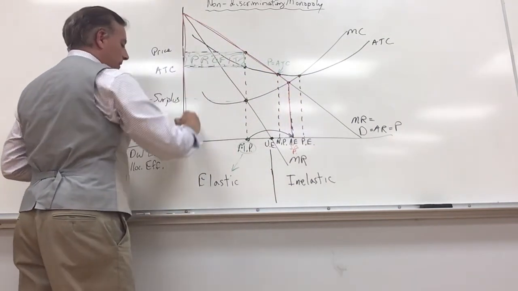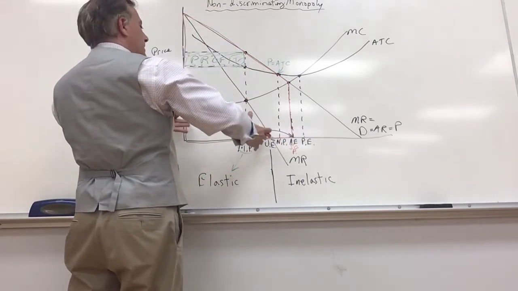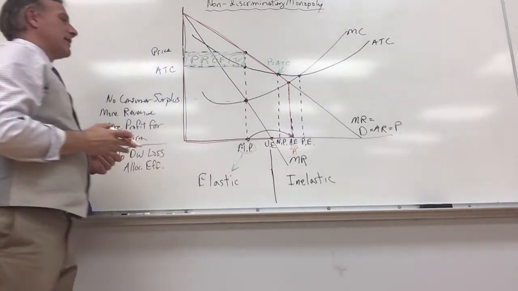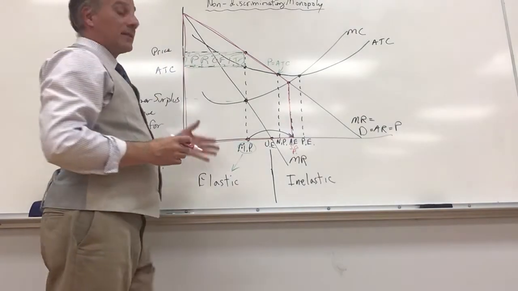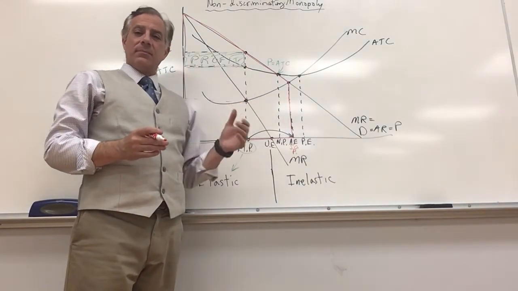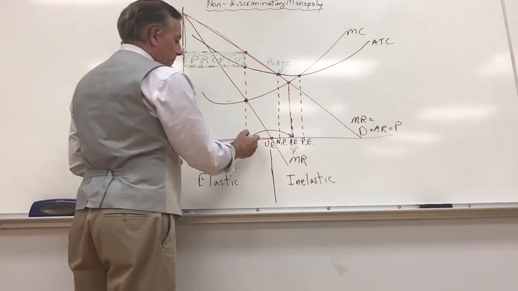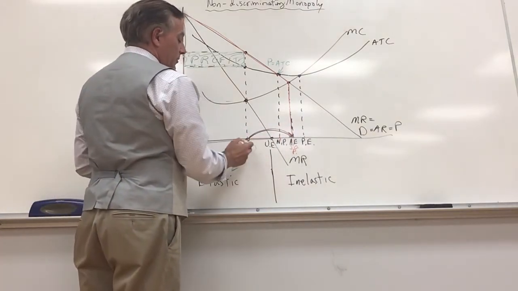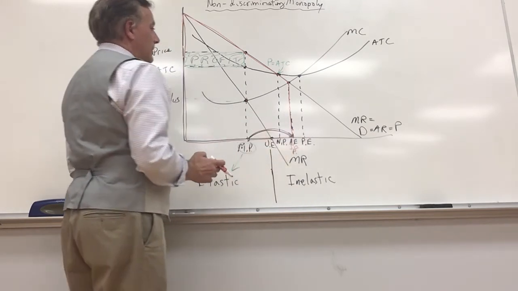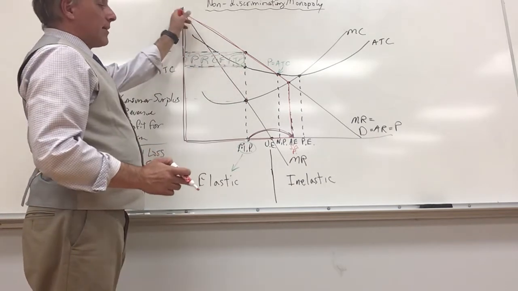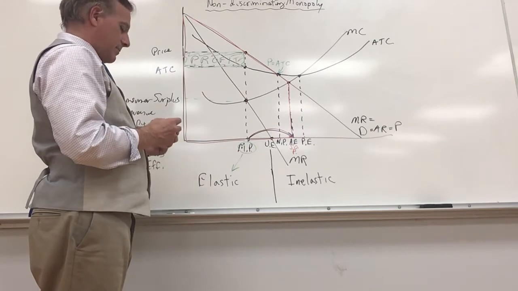So this trapezoid here, this big, huge trapezoidal region, that's now my total revenue. And all of that benefit is going to the producer. All of the surplus is going to the producer from the market. The only benefit really for the consumer is an increase in availability of the product so more people can buy it. But these people up here are really getting taken for a lot of money in price.